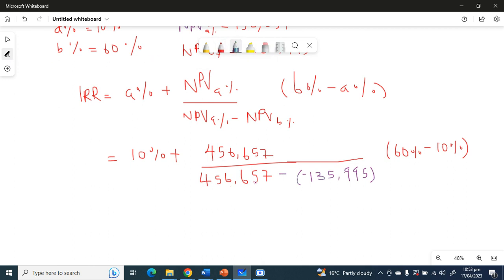So 456,657 minus, let's do this tabulation in the denominator.